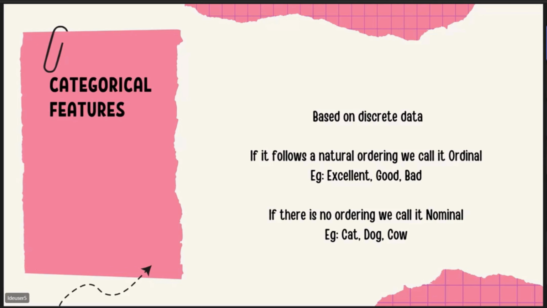The order cannot be changed. Whereas in nominal, the order can be in any range.